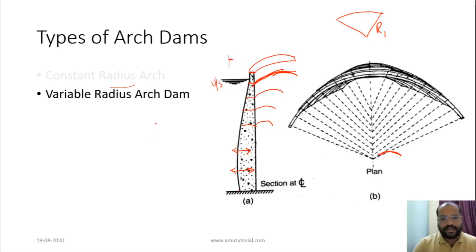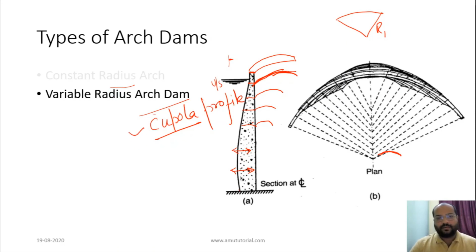It is something like a cupola profile. This is known as cupola profile. Cupola profile means that there is curvature in plan as well as in elevation, when the dam is curved in section and also in plan.